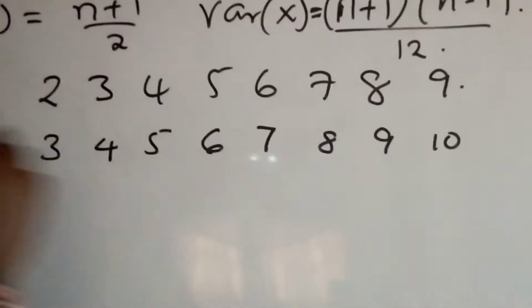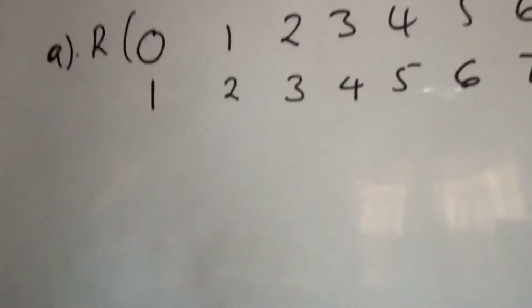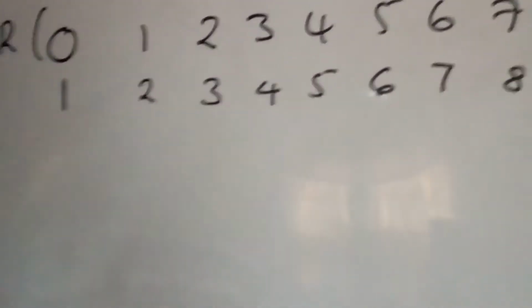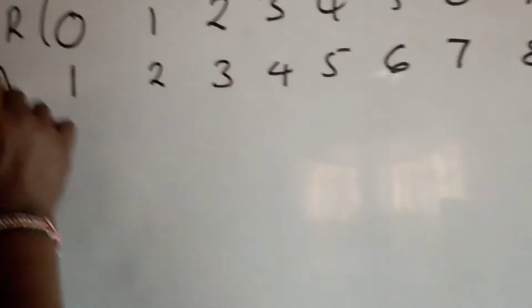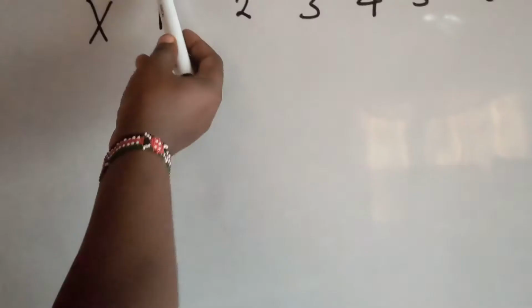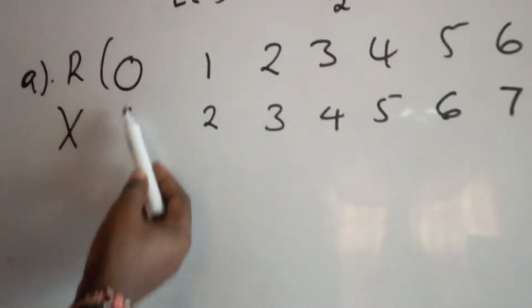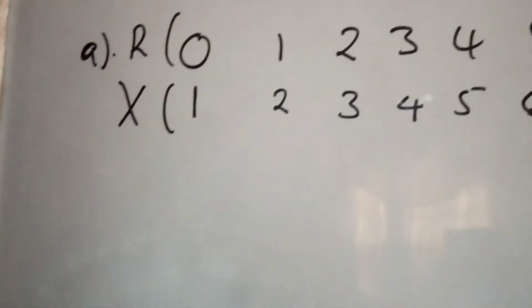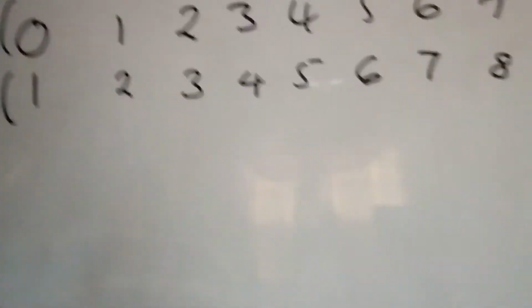R represents the digit from 0 to 9. Let X represent a random variable having a discrete uniform distribution over the set 1 to 10. This is our X, because as much as 0 is a digit, 0 is going to be digit number 1. So the positioning of R is what is being represented by X.